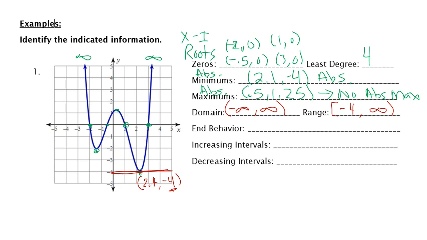End behavior is the one that's always a little tricky, right? So basically what end behavior means, you're going to write it as x goes to negative infinity. Actually, I'm going to move this down to the bottom. Give myself a little more space. So as x goes to negative infinity, and as x goes to positive infinity, what's happening to the y value?